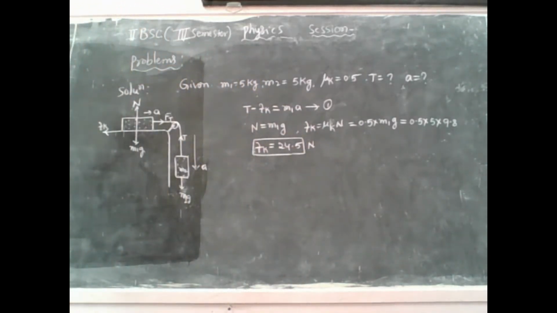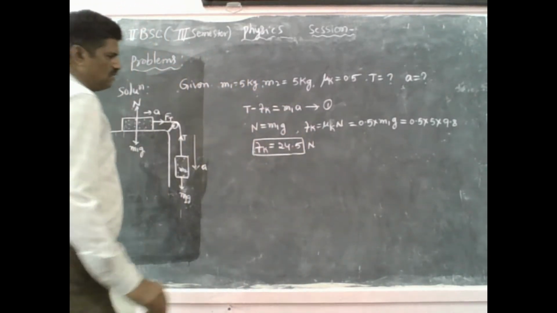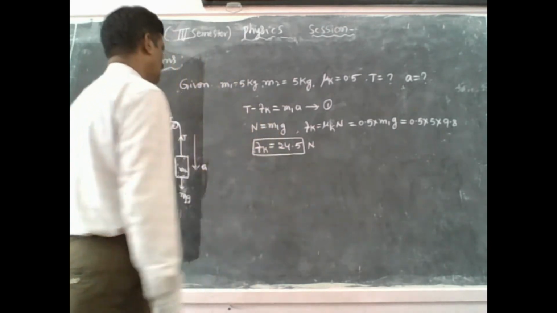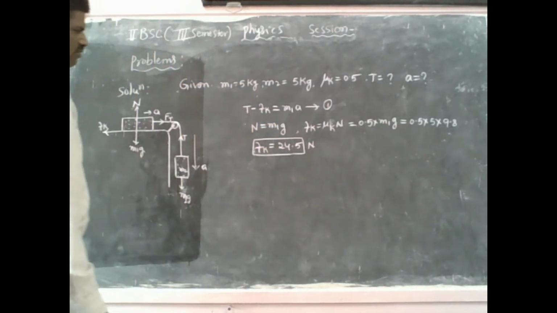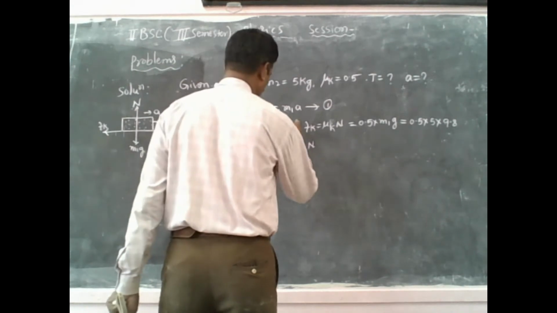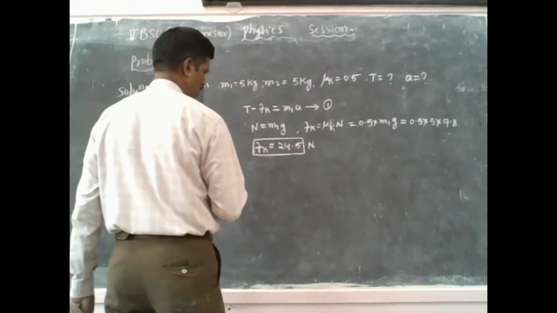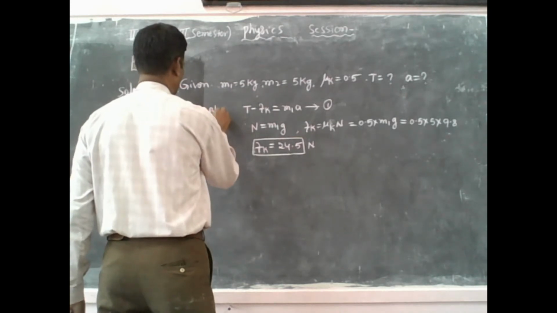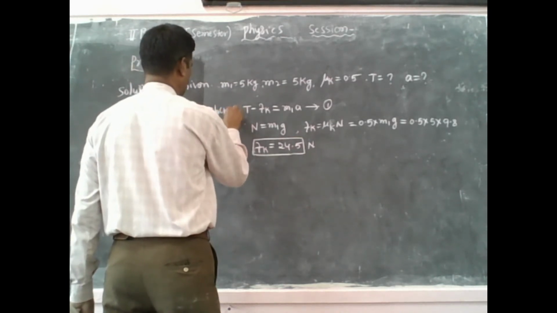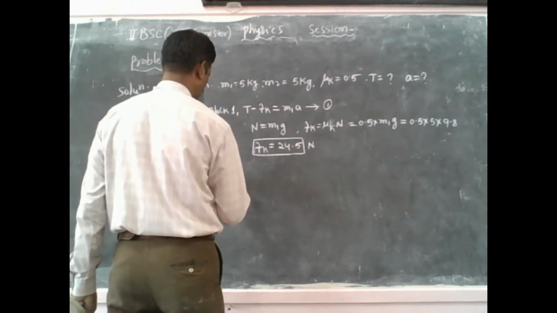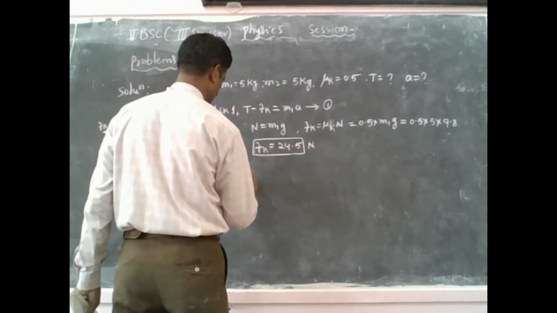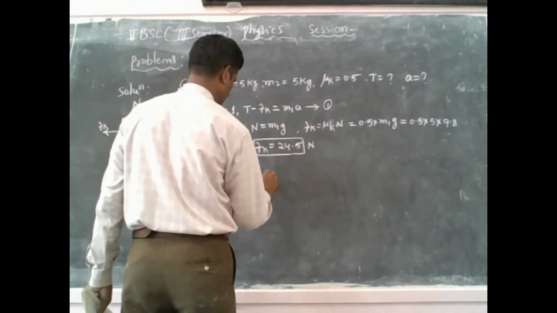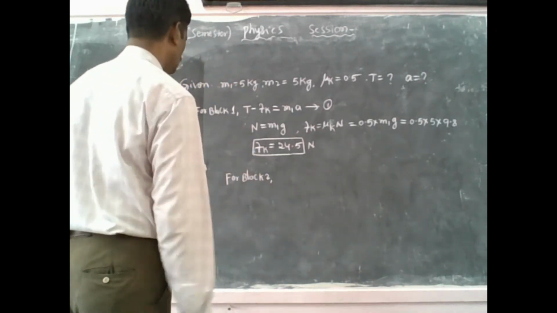24.5 Newton, isn't it? And after knowing Fk, we have to construct one more equation, for block 2. This is for block 1, and this is for block 2.